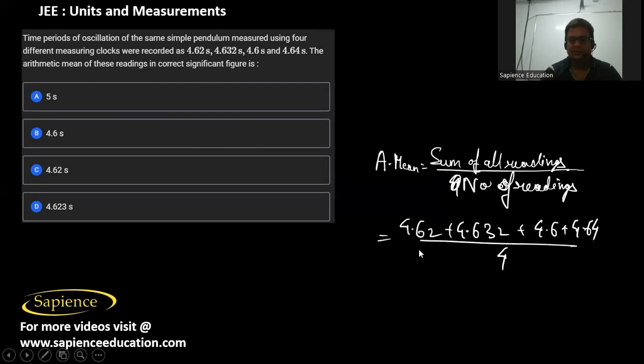So if we add them, then we will get 2, then 4 plus 3, 7, 7 plus 2, it is 9.